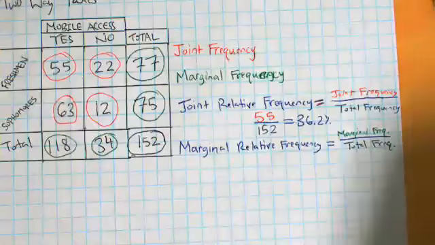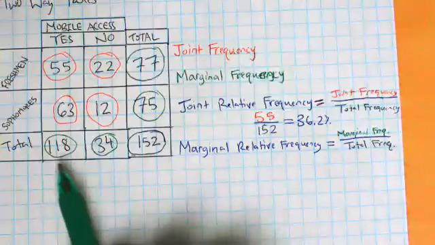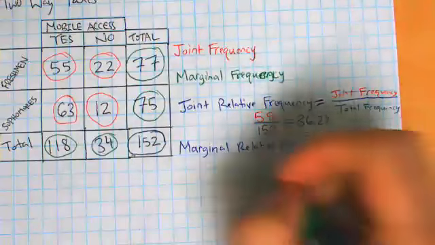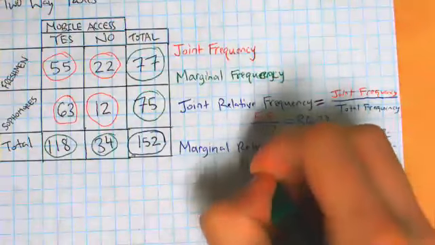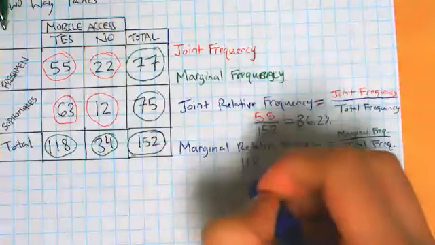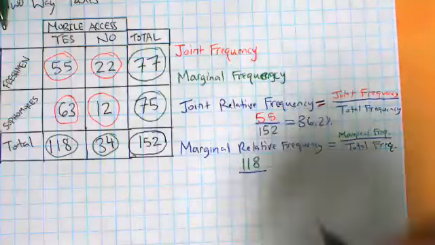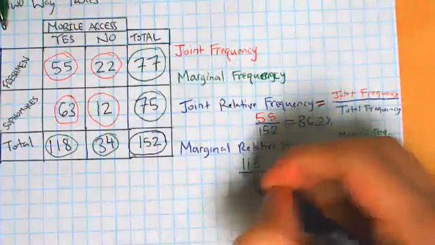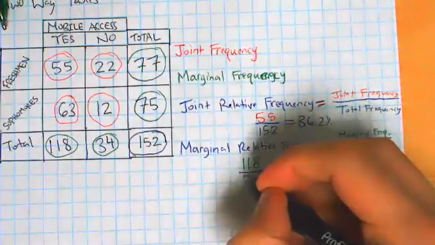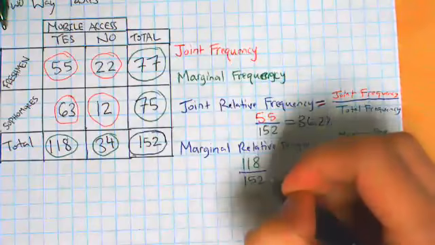So as an example, we can say, all right, well, we have 118 students who have mobile access. And that is divided by the total number of response students, or the total number of people by access, which would be 152.